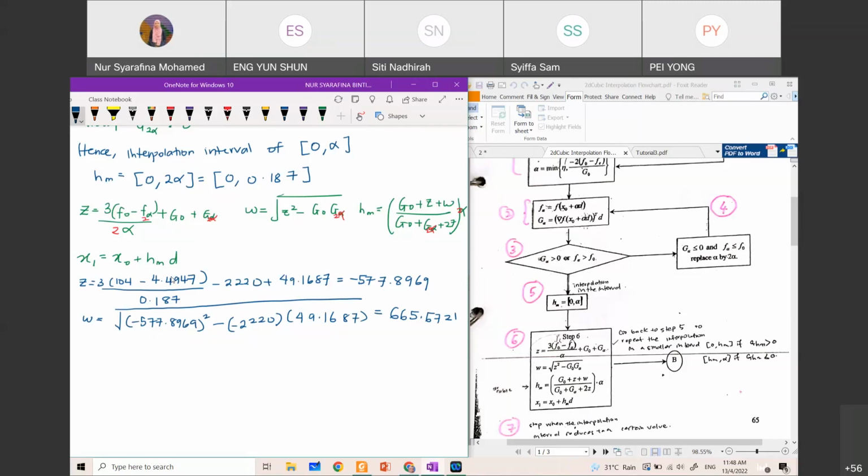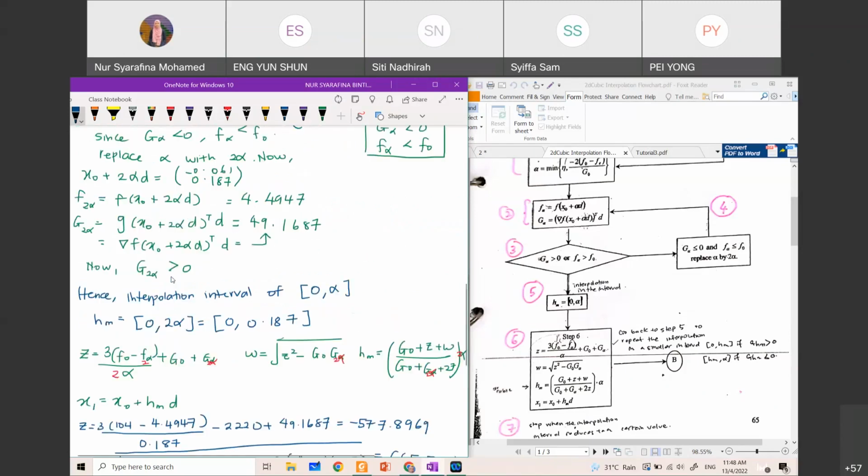And then H1. We have our H before this, which comes from alpha.